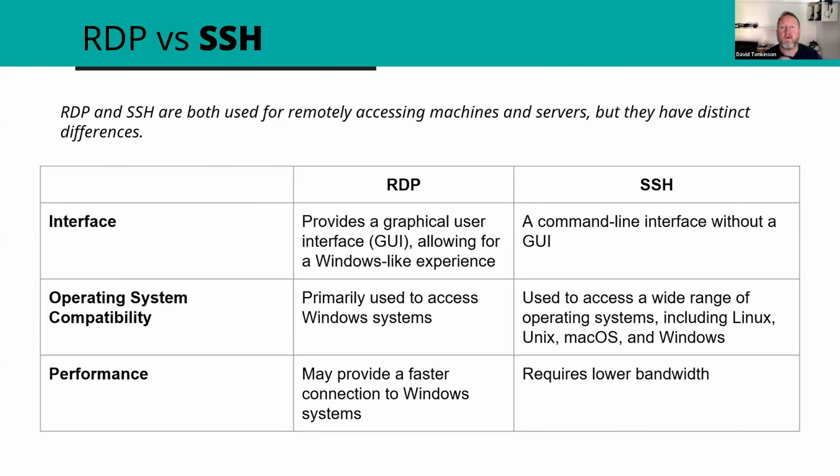SSH gives you a command line interface. So why do we have the two? SSH is obviously lighter in terms of protocols because you're not transferring a graphical user interface across. But it does mean you're doing everything from the command line. How many people love doing things from the command line? We love doing them if we've got some scripts.